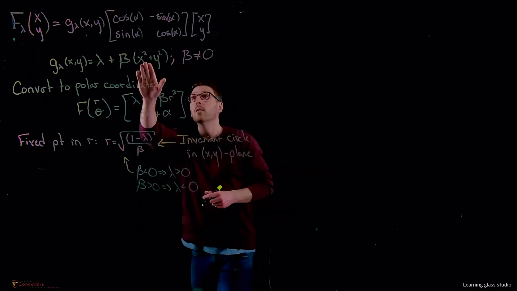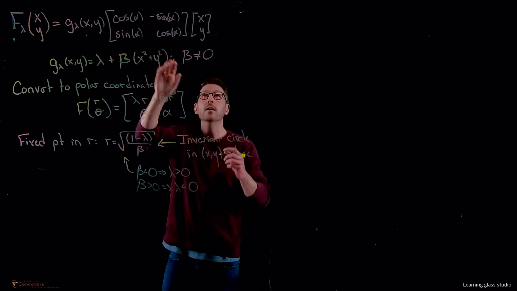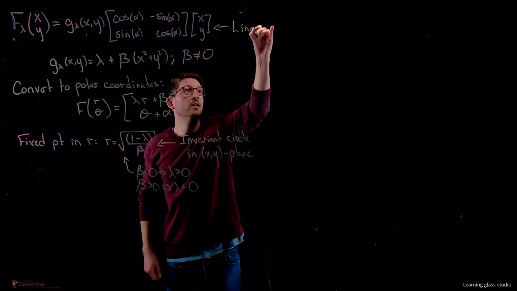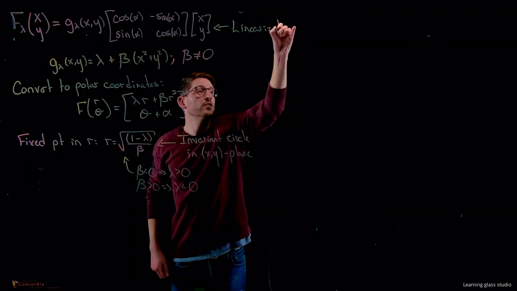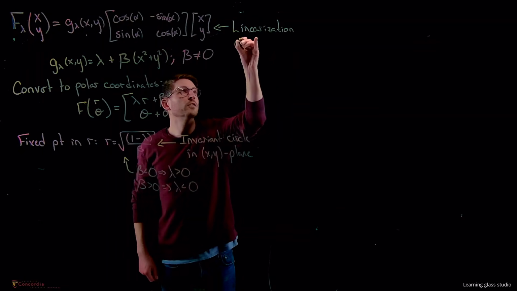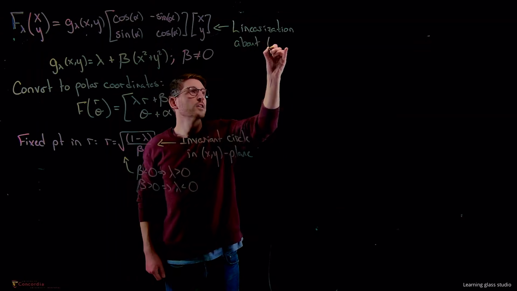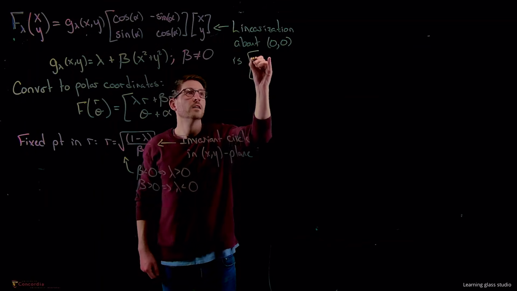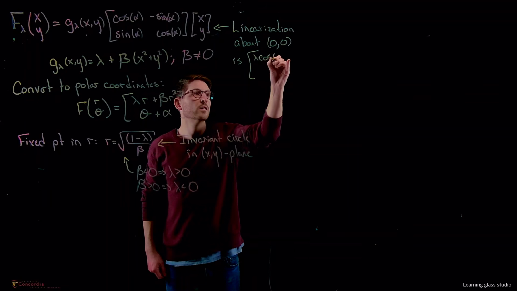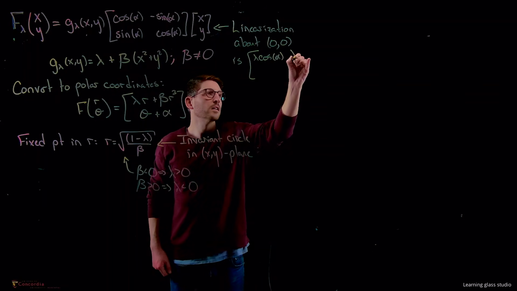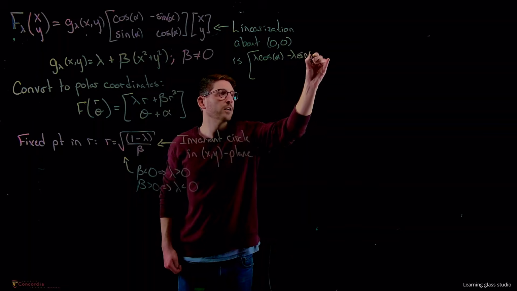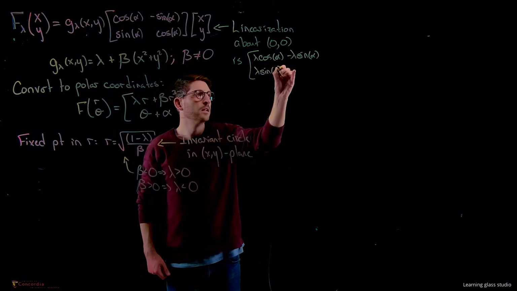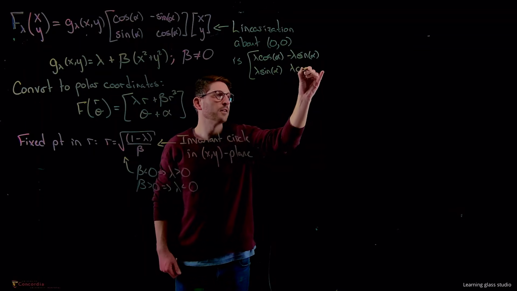But take a look at what actually happens here. The linearization about 0, 0 is this matrix: lambda cos alpha, minus lambda sine alpha, lambda sine alpha, and lambda cos alpha.